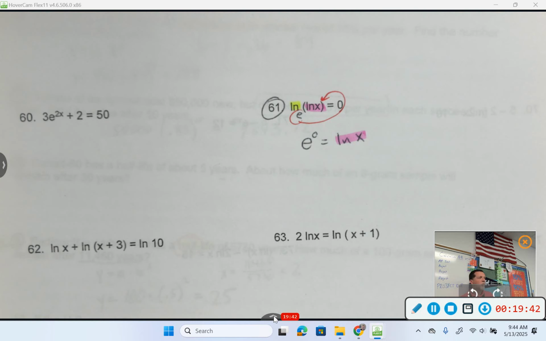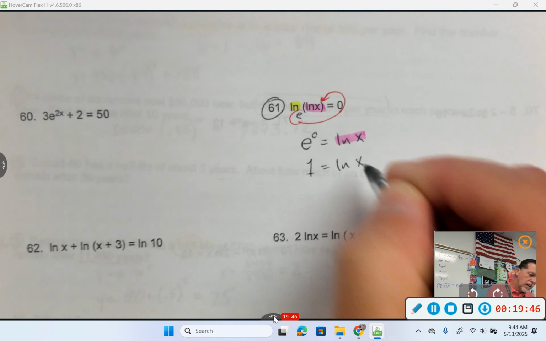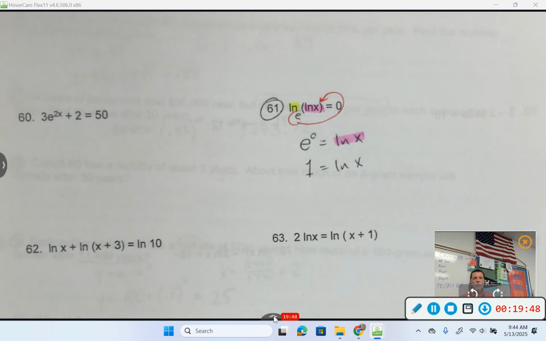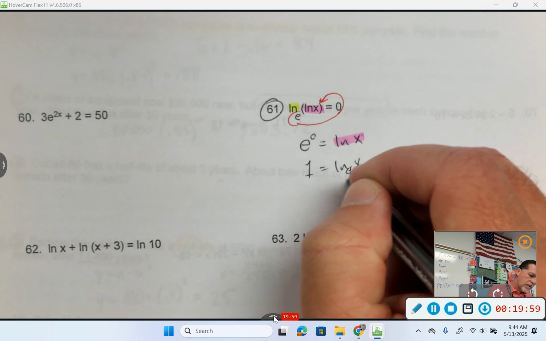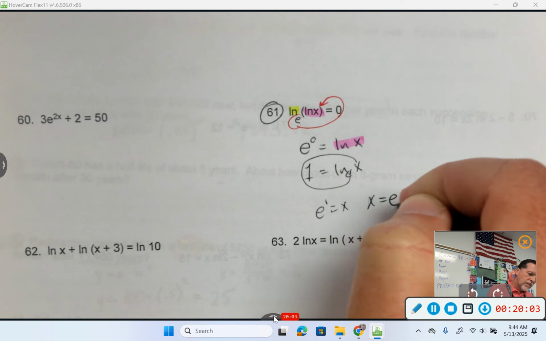Okay, what's e to the 0? 1. And then we can fishhook again, or maybe you know it well enough, you just look at it and you know what x needs to be. But if not, you fishhook it. e to the 1 equals x, so x is just e.